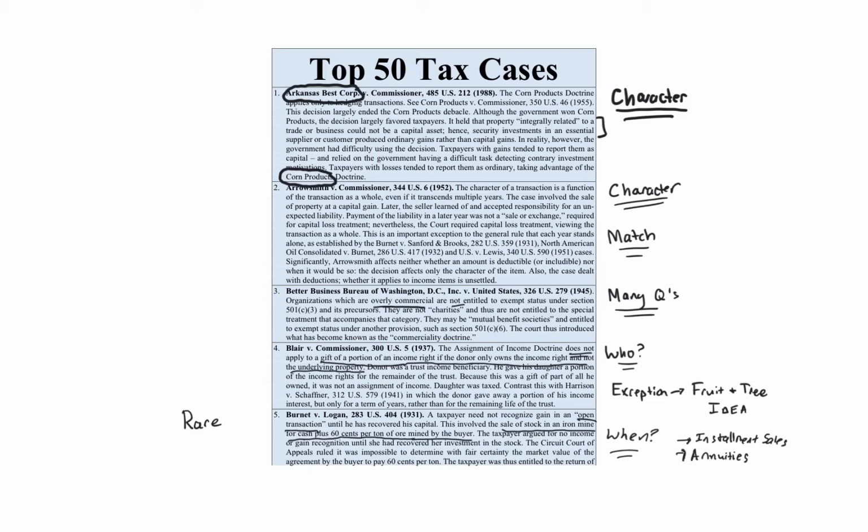And honestly, taxpayers almost always would prefer that situation rather than some pro rata approach where you get a portion each year, because you get to use it all up front, right? Time value of money, right? You want to defer income as long as possible, accelerate deductions as quickly as possible. So that's the idea behind the Burnett v. Logan decision. It's called the open transaction doctrine.